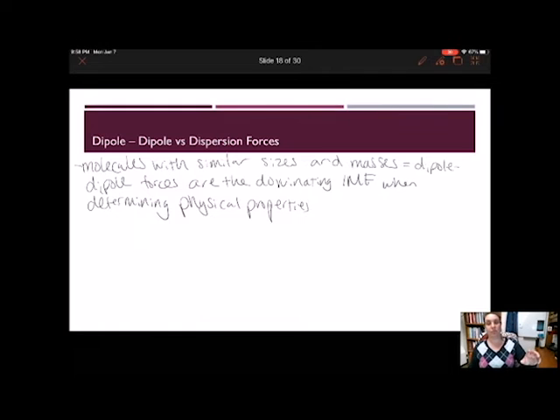Now, the larger our molecule gets, the more dispersion force becomes the greater or dominating electrostatic interaction.